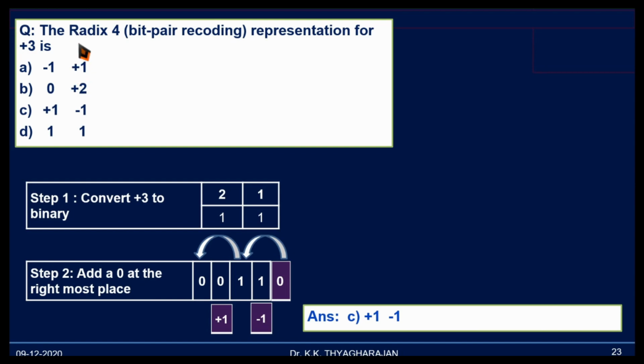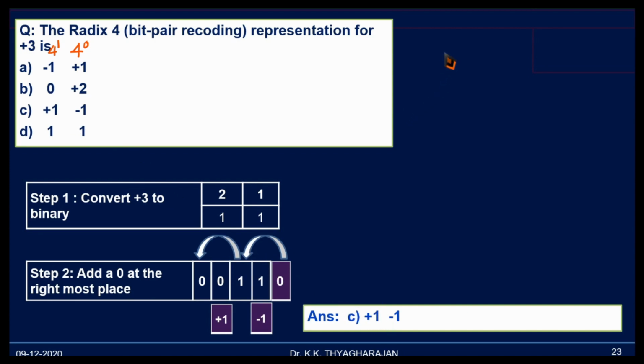That is, the positional value for this bit is 4 power 0, and for this bit is 4 power 1. So as we did in the previous problem, we can solve this and we can find that the answer is +1 -1. That is C. So the correct answer is C.